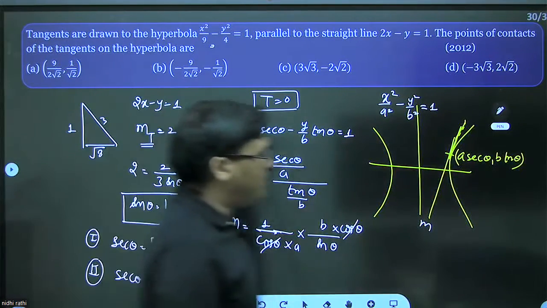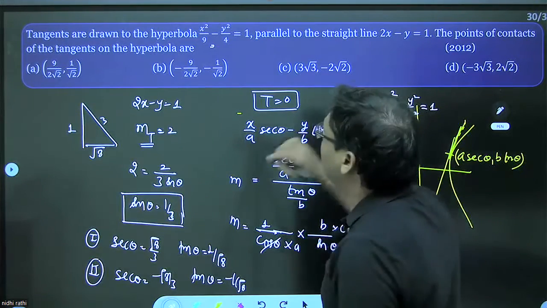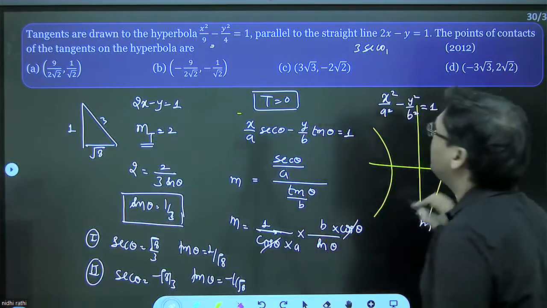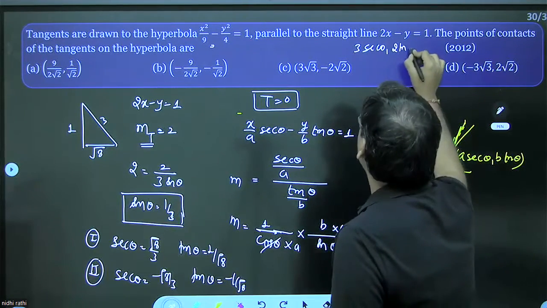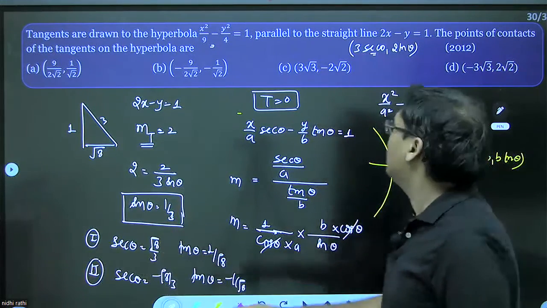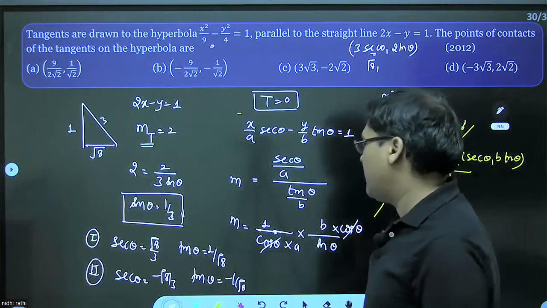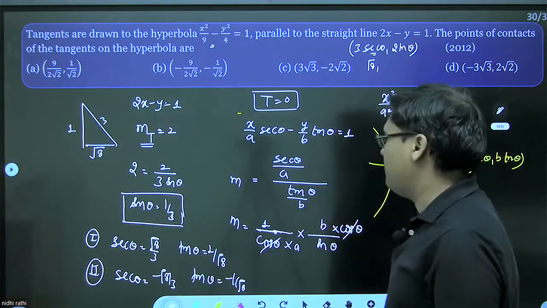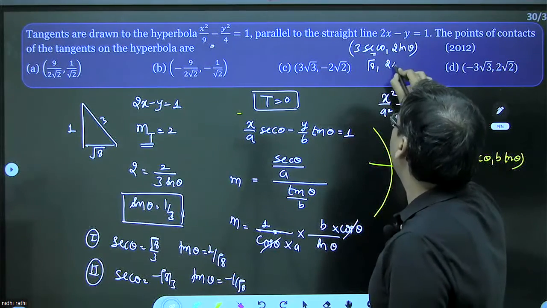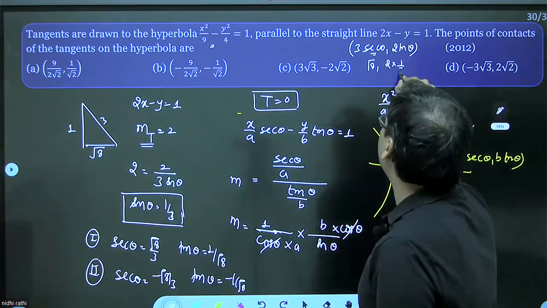If I substitute these values, what are the points of contact? You can see here, what is A? A is equal to 3 sec theta, comma, what is B? B is 2 tan theta. So if I put sec theta here, that is root 8 by 3. So this will become root 8, comma, 2 tan theta is 1 by root 8.